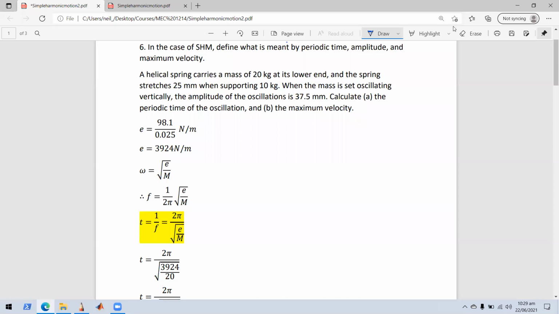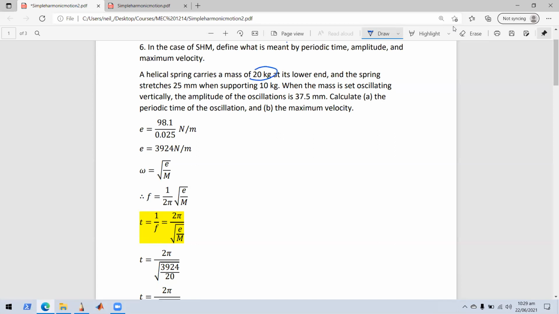Okay, so we're finding E now. As I was saying, E is the newtons divided by the distance, the force divided by the distance.